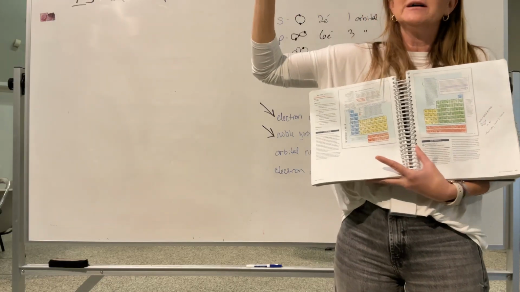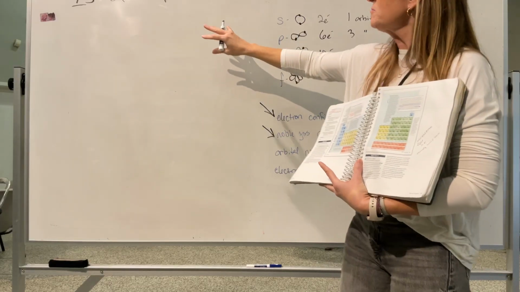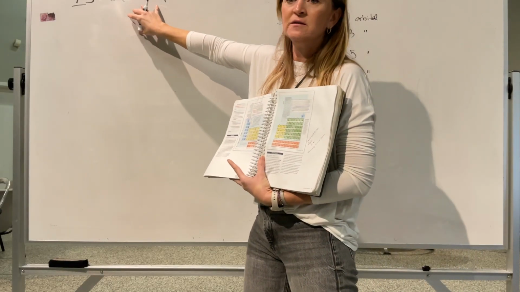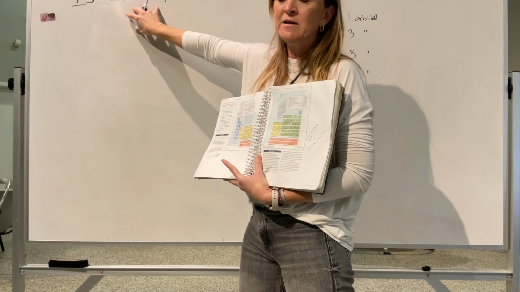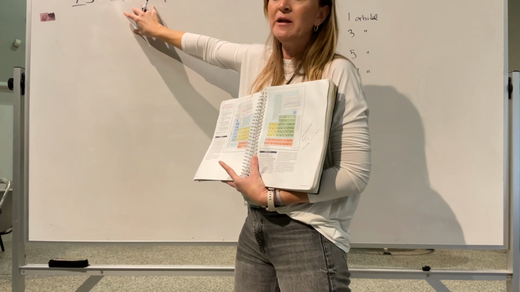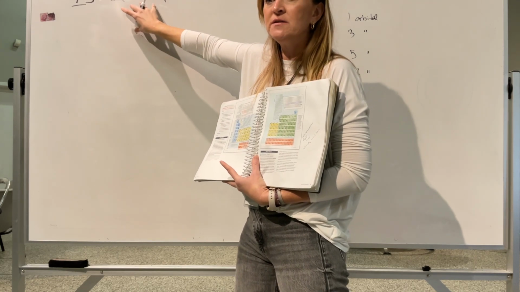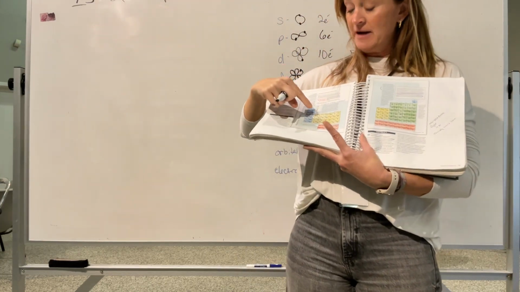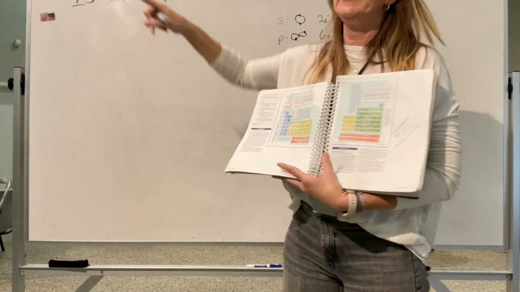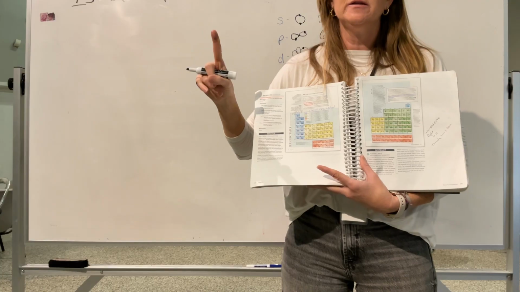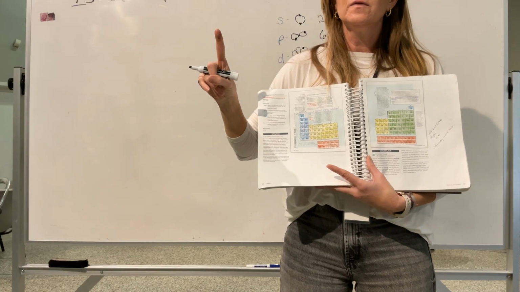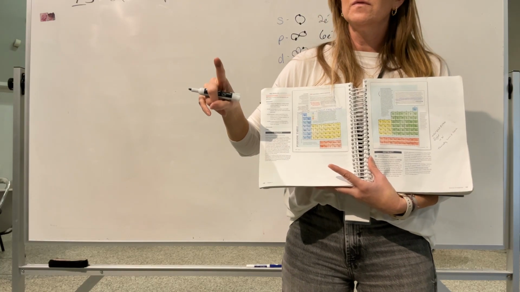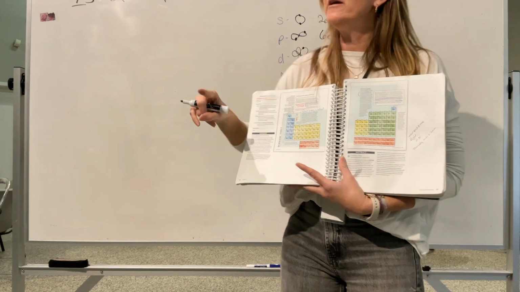So noble gas notation. I'll tell you how to go straight to noble gas notation in a minute. But to go from chlorine's electron configuration to noble gas notation, I look and see, this is chlorine. What energy level is chlorine in? 3. Chlorine is at energy level 3.